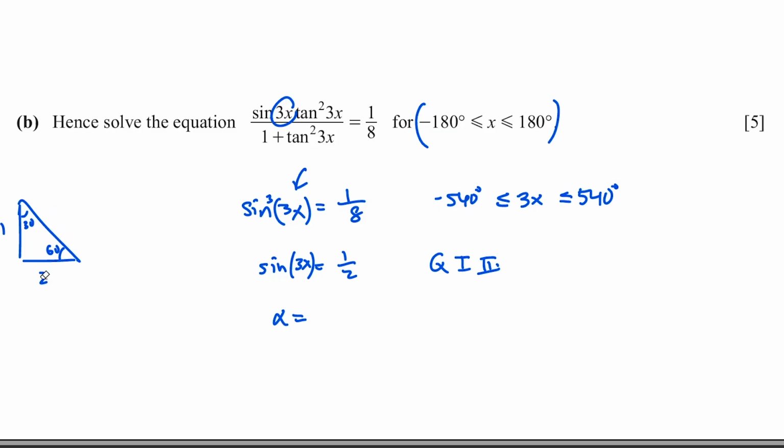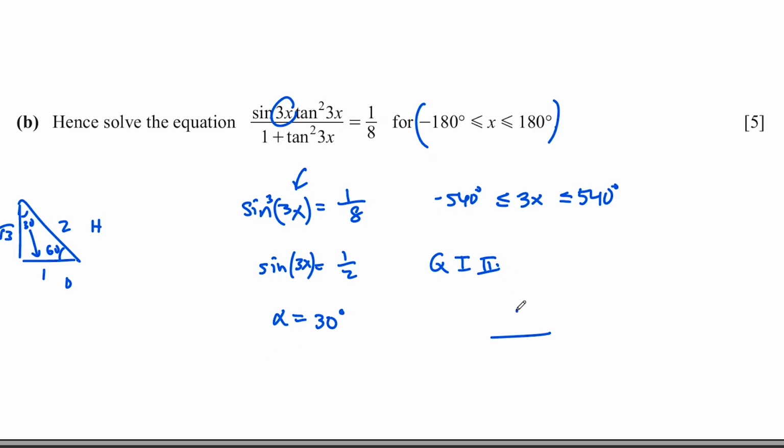This should be 2, and this should be square root 3 and 1. Right, so for sine, we look at the opposite and the hypotenuse. So the opposite of the 30 will be 1, and the hypotenuse will be 2. So our basic angle basically will be 30.